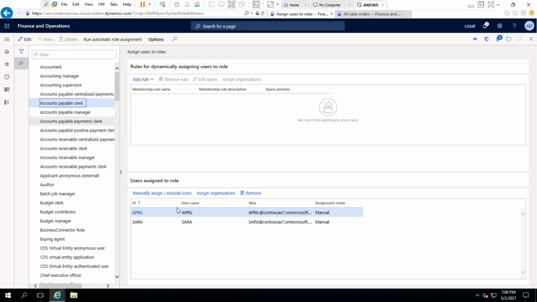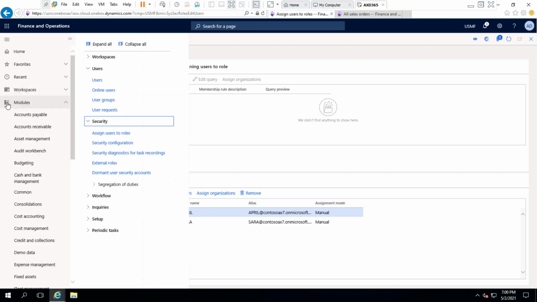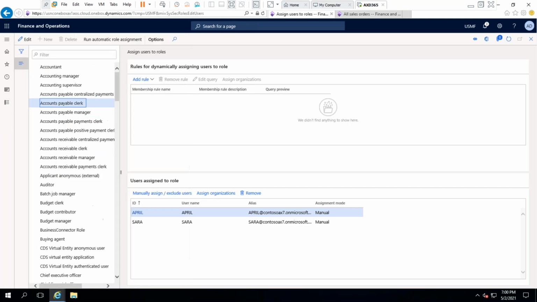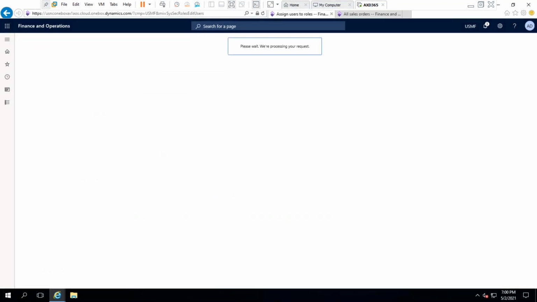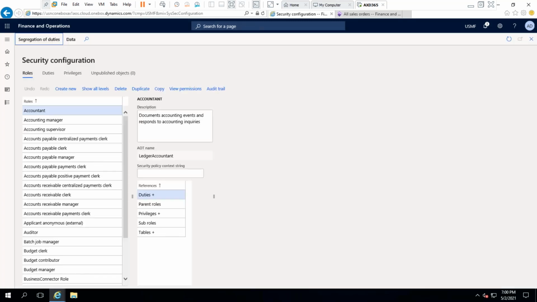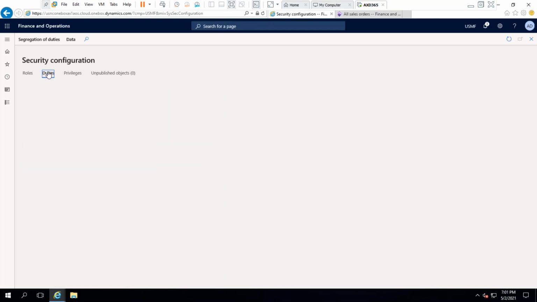This is a part of administration. You can click on duties; here you will find duties. What are the duties available for accounts payable clerk?